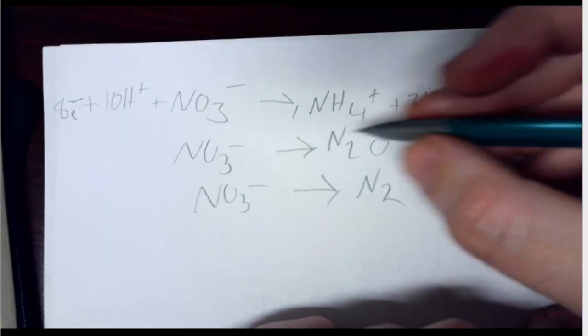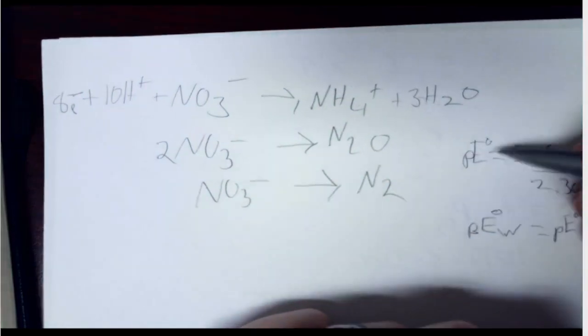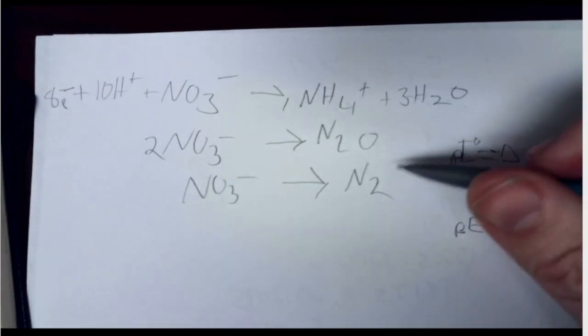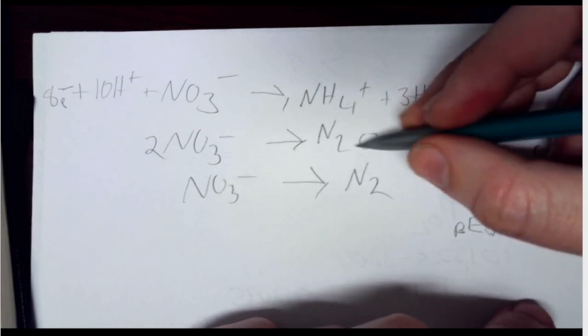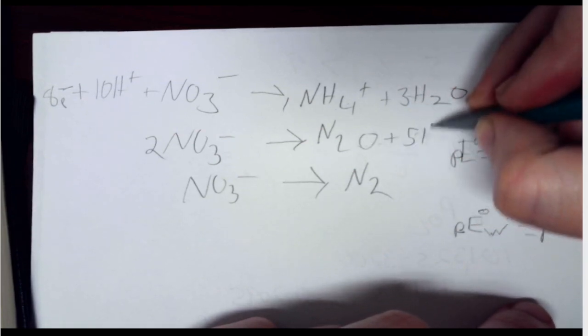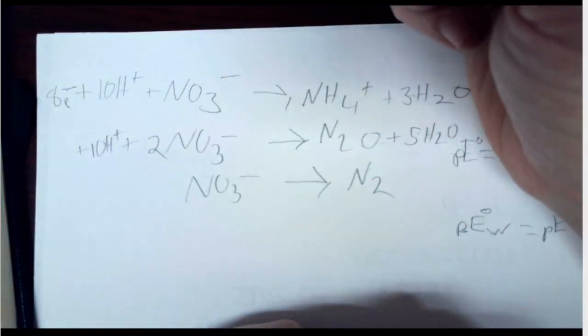For this one, N2O, I need to double that. So that means we have 6 oxygens. So we need 5 waters. That means we need 10 H's. So another 8 electrons.